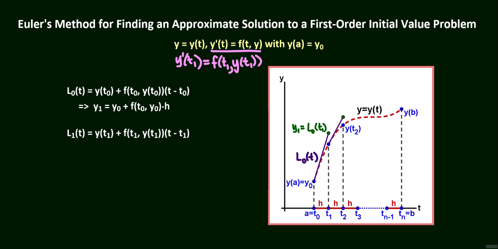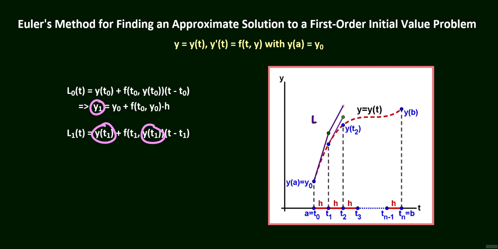We do not have the exact value of y of t sub 1, so we use what is available to us, and that is the approximation y sub 1 of y of t sub 1. And so in L sub 1 of t, we replace y of t sub 1 by y sub 1. We should point out that L sub 1 of t with this substitution gives only an approximate tangent line to y of t at t equals t sub 1.